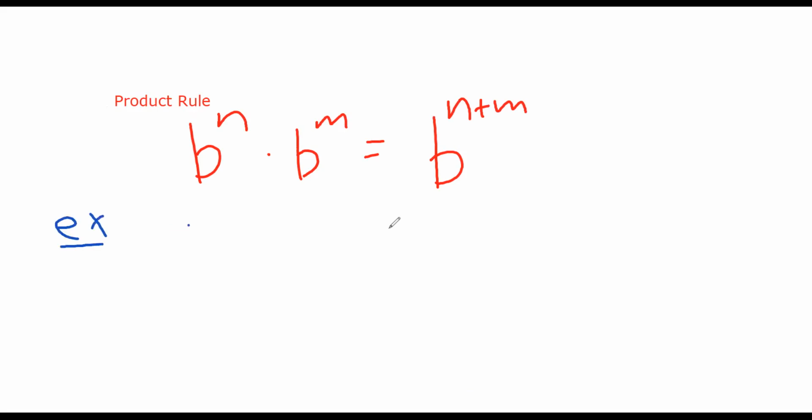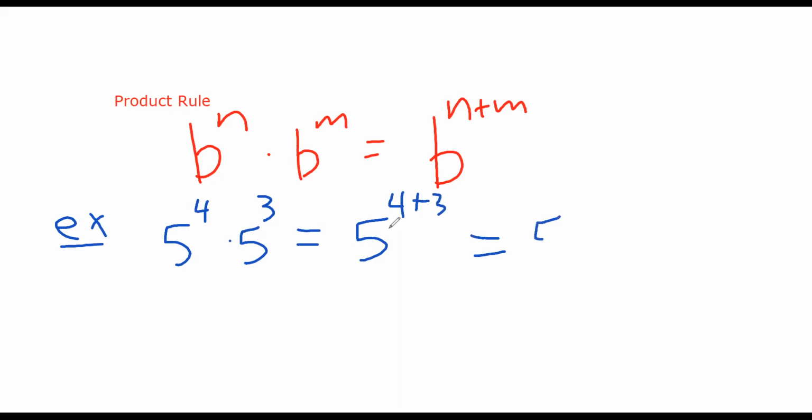For example, if you have 5 to the 4th power times 5 to the 3rd power, you can bring them into the same 5, add their exponents, and you end up with 5 to the 7th power. Now, we won't actually compute that because that'll be a really large number.